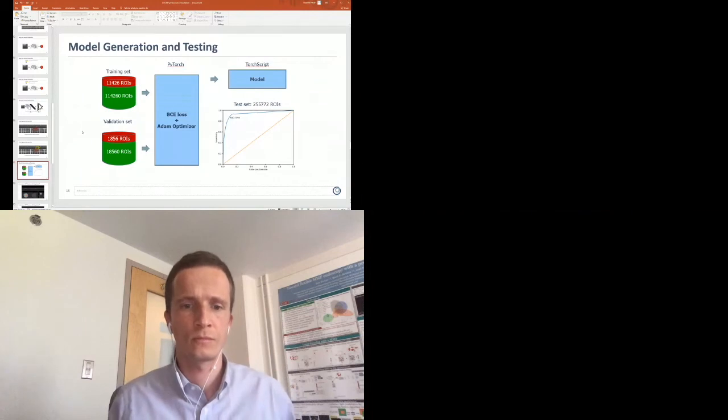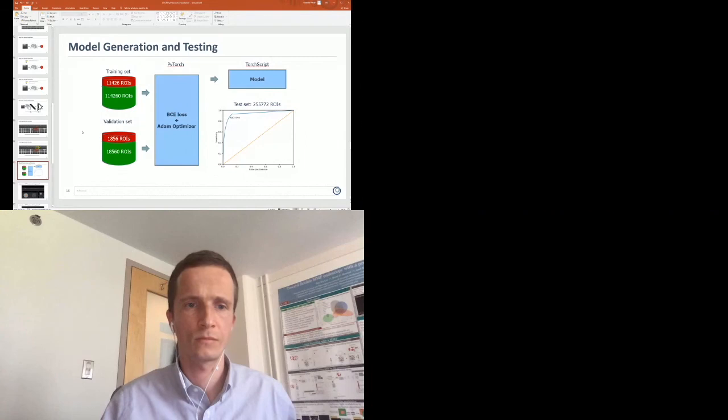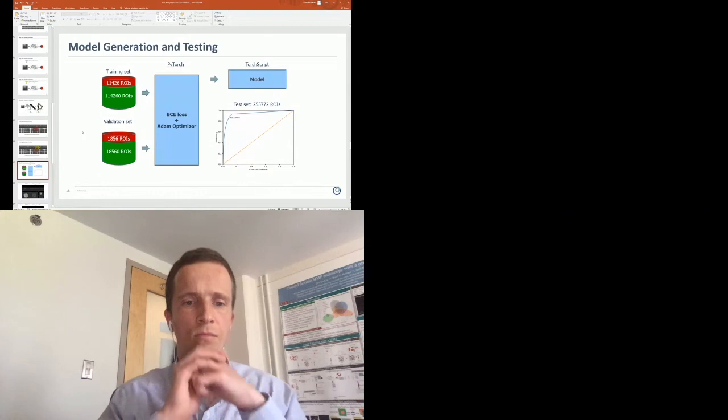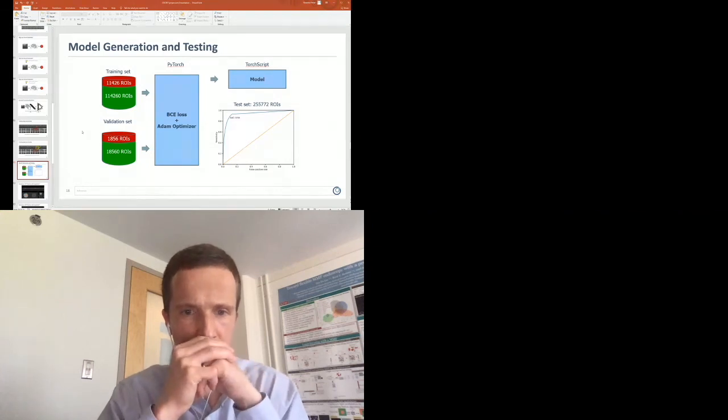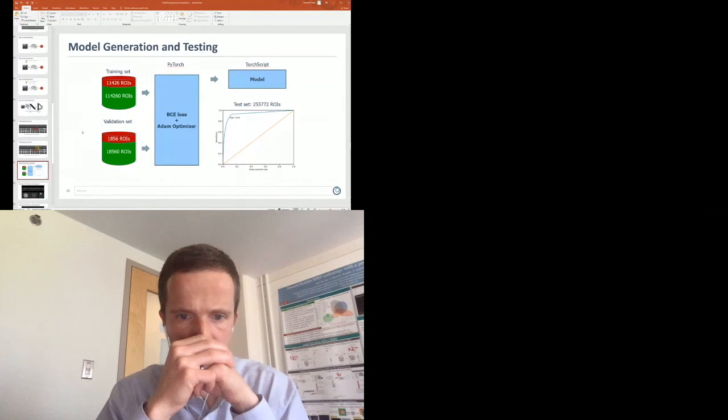It's all done in Python, and then we export the model using TorchScript, so we can use it in our product environment, which is C++, which is very handy. So it's a highly efficient approach. We tested the model on a test set of over 200,000 suspicious and non-suspicious ROIs, and achieved an accuracy, the area under the curve, of 0.94.